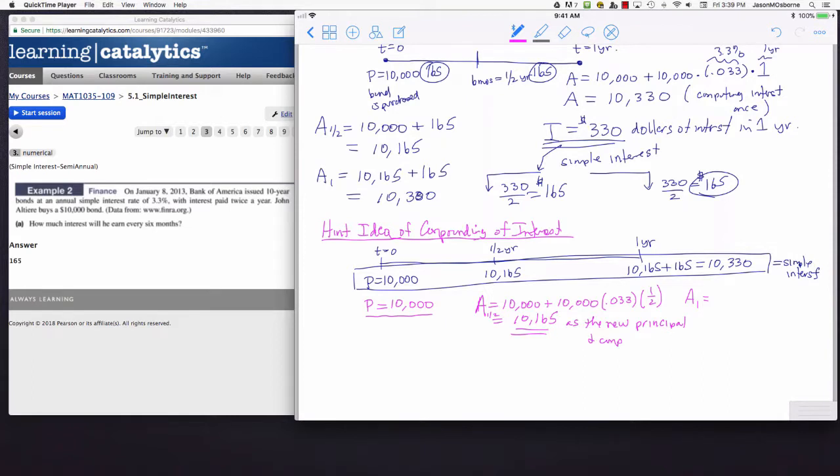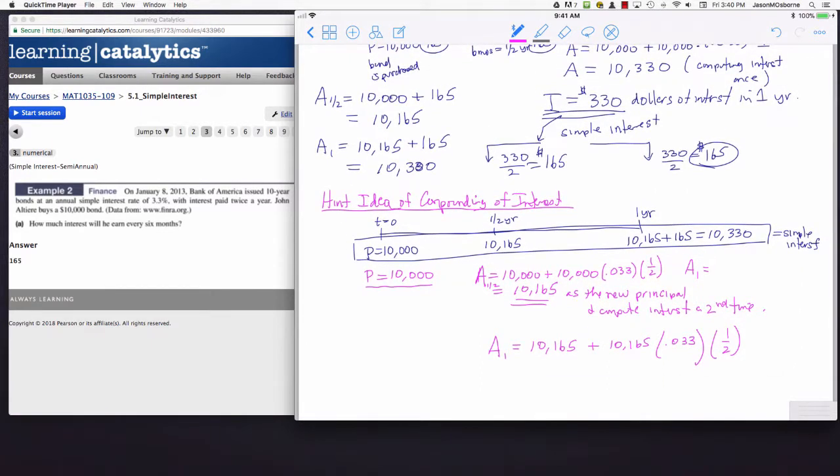In simple interest, we only computed interest once. Now we're going to compute interest a second time, on the new principal value of $10,165, with the same 3.3% interest rate.